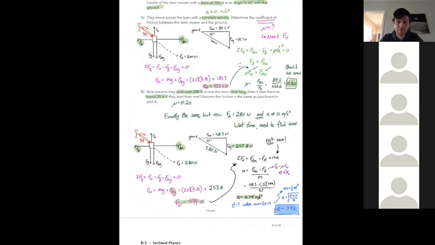Here's a little trick. If there is no friction, you do not care about your normal force. Unless the question's specifically asking for it, you really could not care less. What you care about will be in the x direction. But as soon as there's friction, now you need to find your normal force. So just a little thing to be careful about.